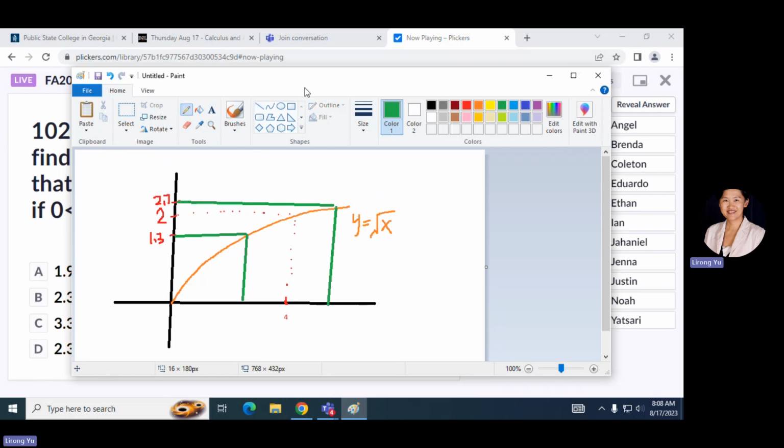Now we need to know how large this is. What's the distance here? And of these two numbers, whichever is smaller is the one we're going to use as the delta. How large is that radius? This is how we visually identify delta.